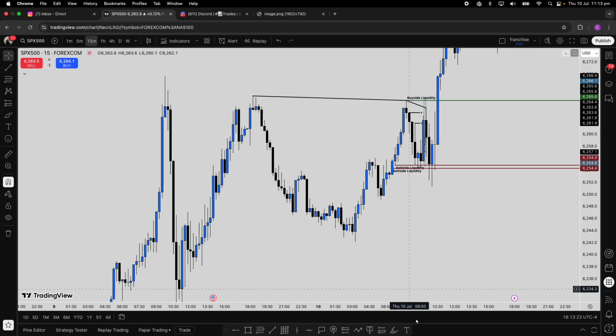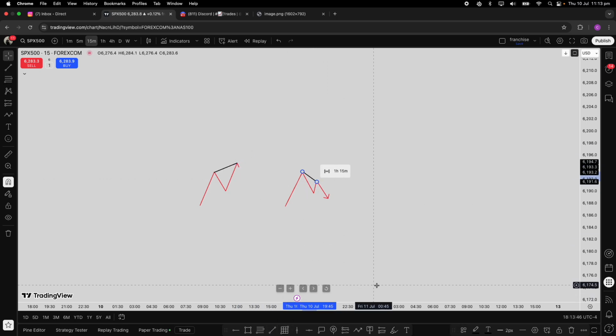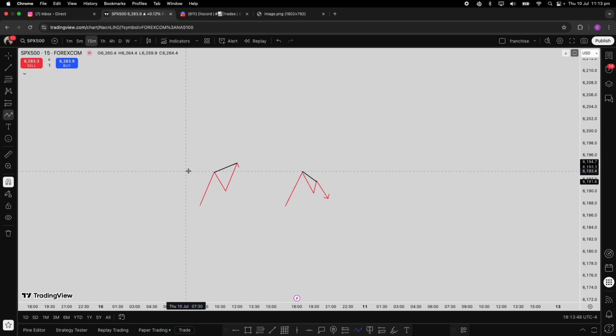So technically longs, if we're thinking about this logic, because NAS made the higher high, ES failed to. The move back into IRL to ERL is more probable on NAS compared to the move from here to IRL.